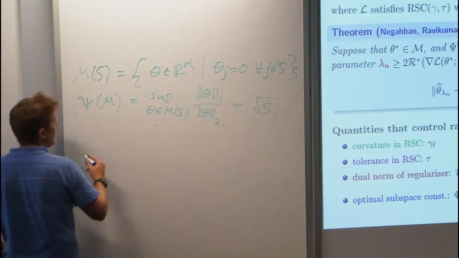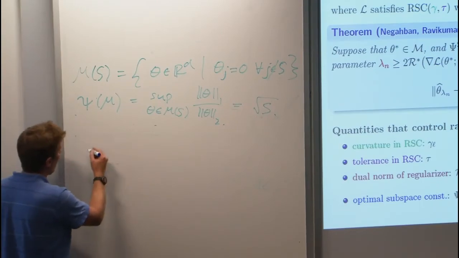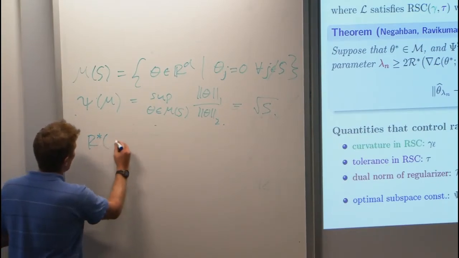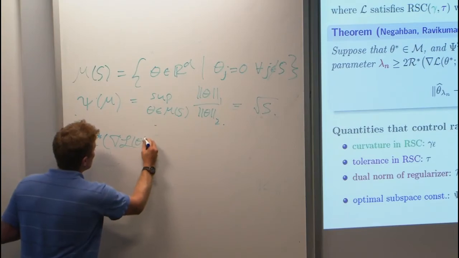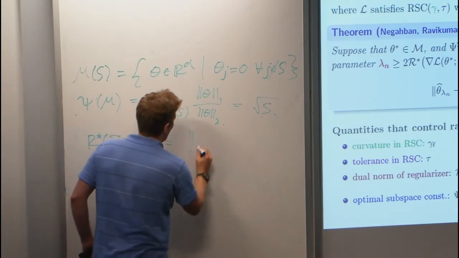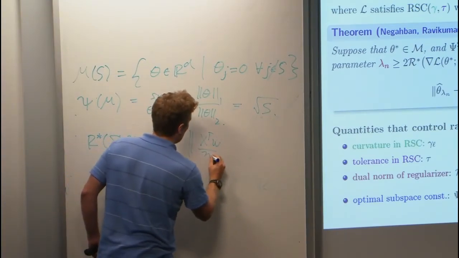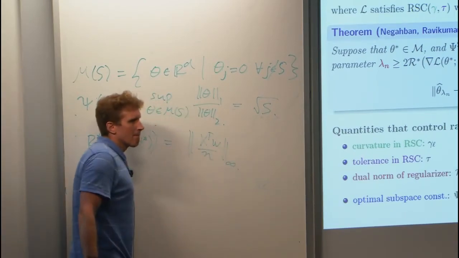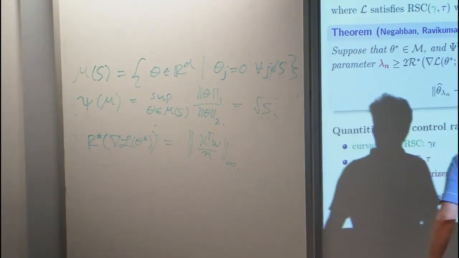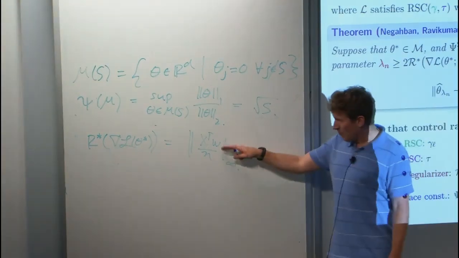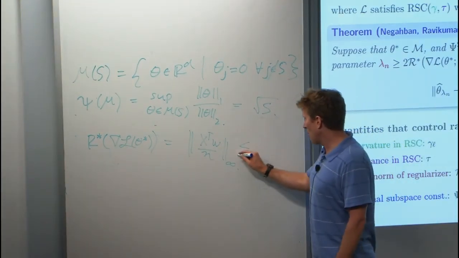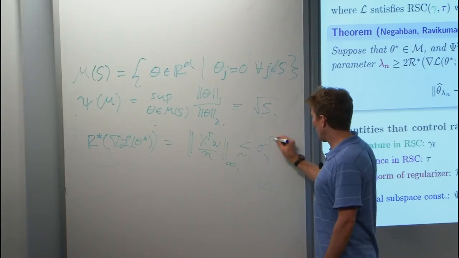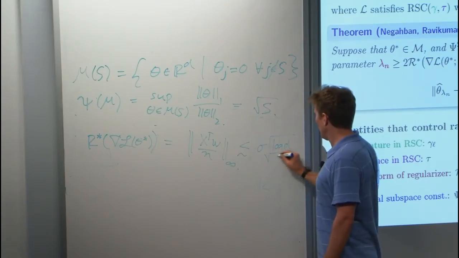I already computed if I did least squares with L1, then R star of the score function for a least squares loss would have been the infinity norm of X transpose W over N. All right, so as from the Lasso corollary, and we argued that in many cases this random variable is upper bounded by sigma times root log d over n with high probability.